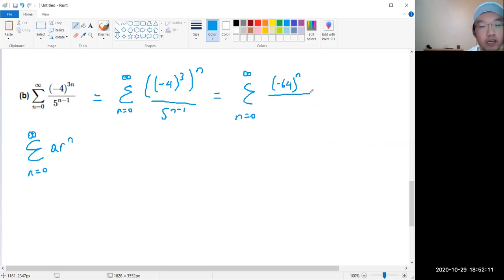How can we rewrite the denominator? That one should be a little bit easier to see. We have 5 to the power of n minus 1.